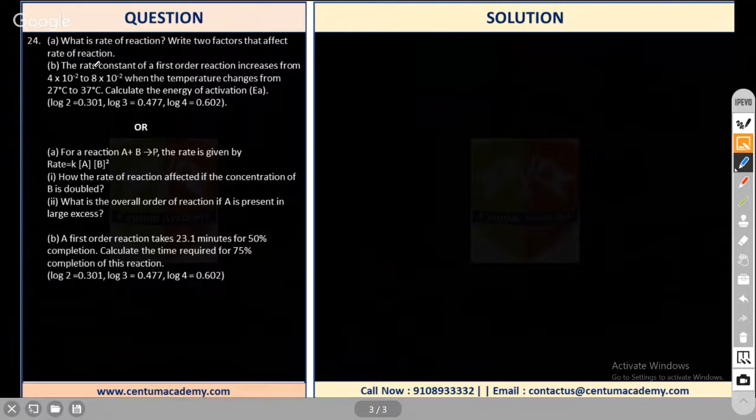Okay, so temperature is one of the factors. Then we have concentration of reactant, and then we have catalyst also. Right? These are the factors which affect the rate of the reaction.